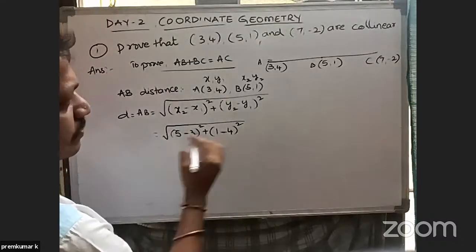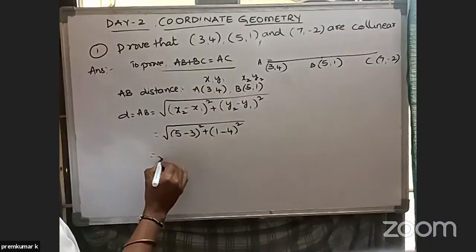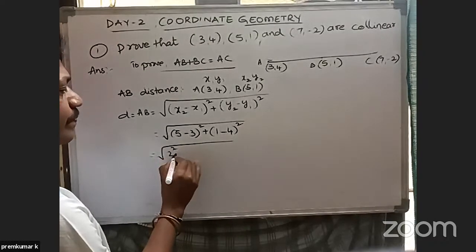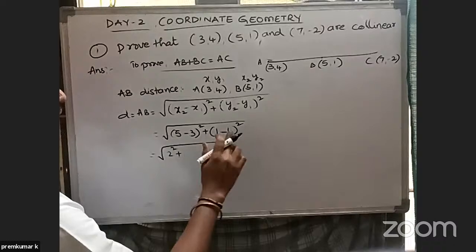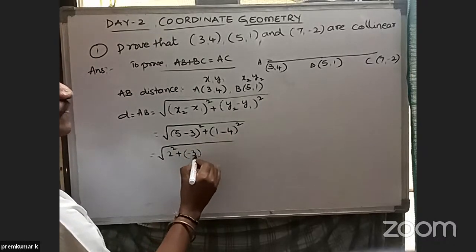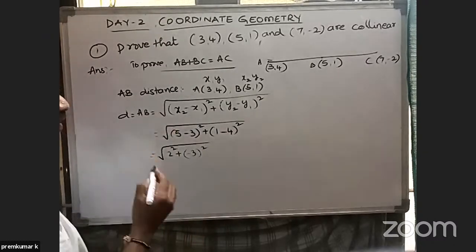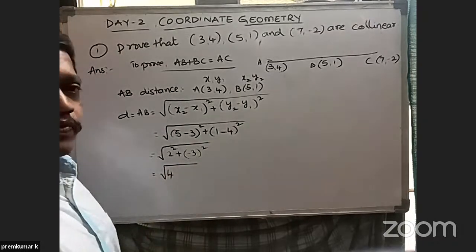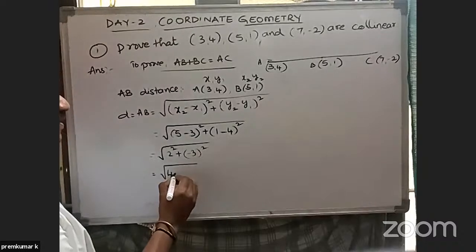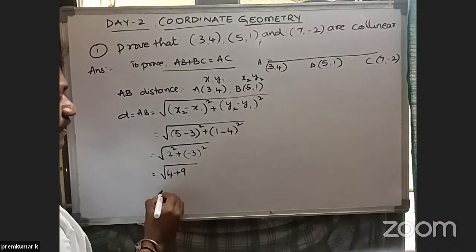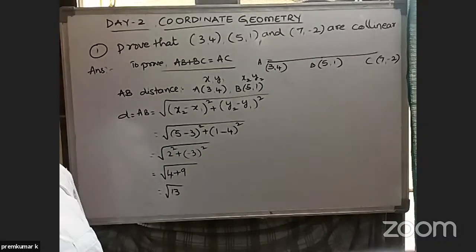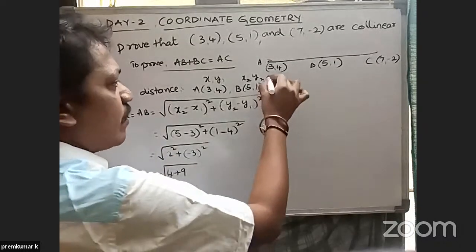Now 5 minus 3, that is 2 square. 1 minus 4, that is minus 3 square. This is 4 plus 9, which means it is root 13.